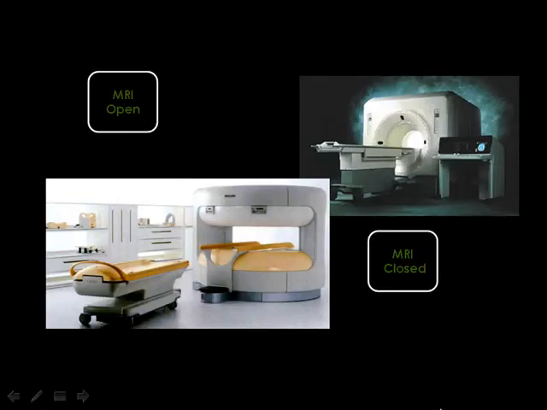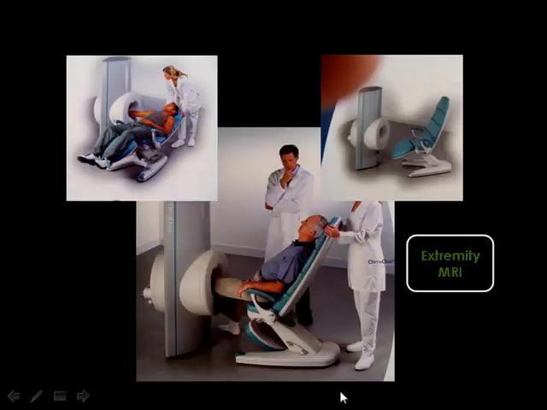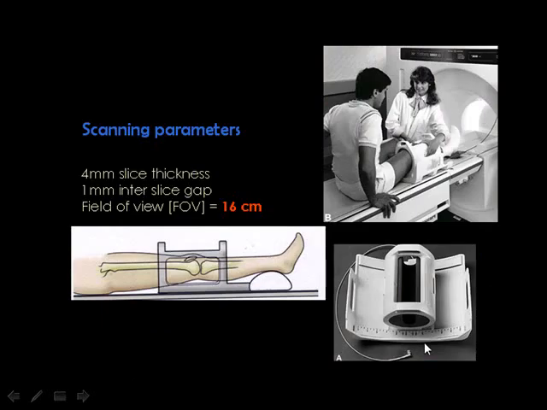And you remember we have different machines, the closed magnet and the open magnet, and the extremity magnet is very good for the knee. You can put the limb there, and this coil is very close to the knee, so you expect very good images.